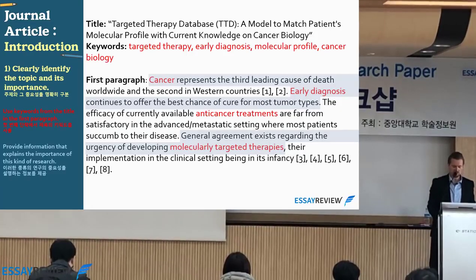The efficacy of anti-cancer treatments, and it also shows what the problem is. They're not satisfactory. And then finally, you have the most focused: general agreement exists regarding the urgency of developing molecularly targeted therapies. So your paper is about this, molecularly targeted therapies.